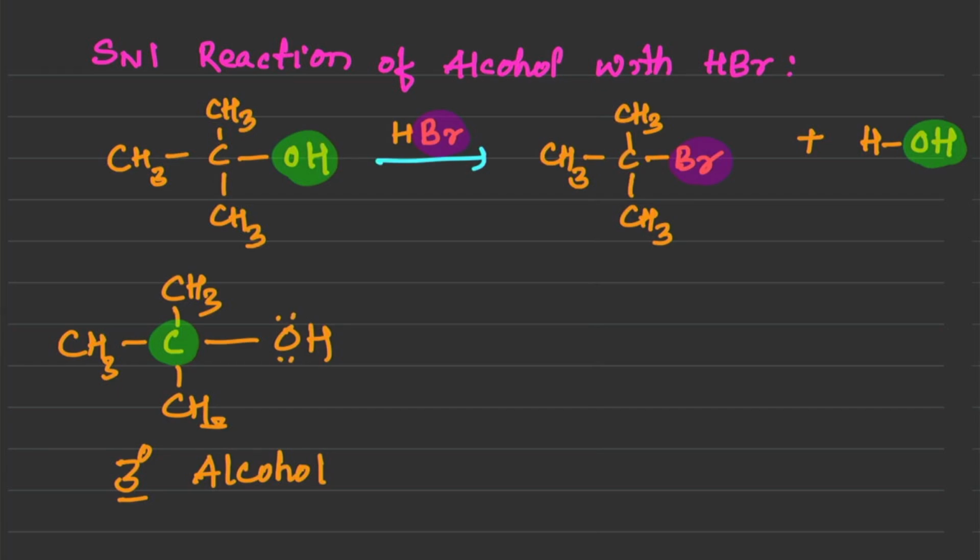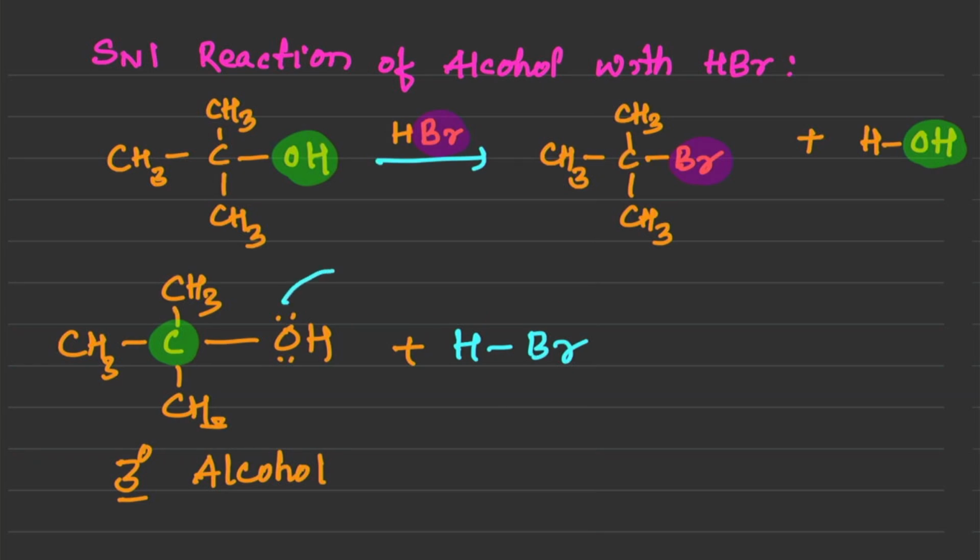So let's look at what exactly is happening. We know that oxygen has 2 lone pairs. It will attract a proton, specifically an acidic proton, and the acidic proton will be provided by HBr.